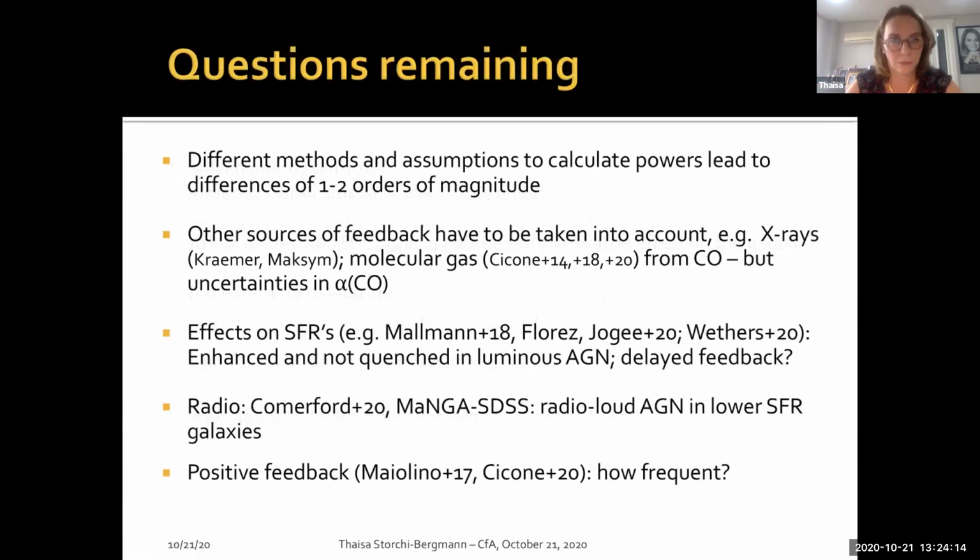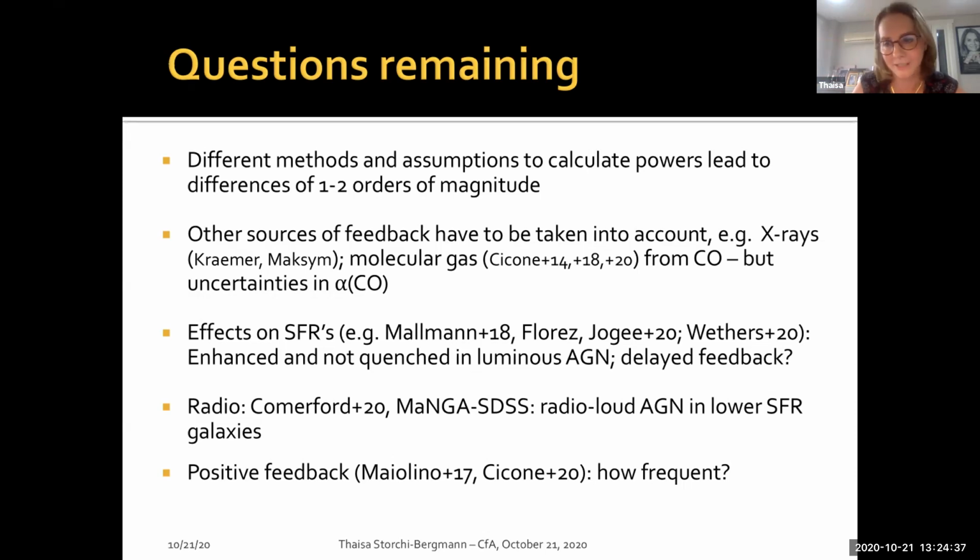And to finalize, what we conclude is that different methods and assumptions used to calculate the powers lead to differences of 1 to 2 orders of magnitude. But we need to consider other possible sources of feedback. For example, X-rays.